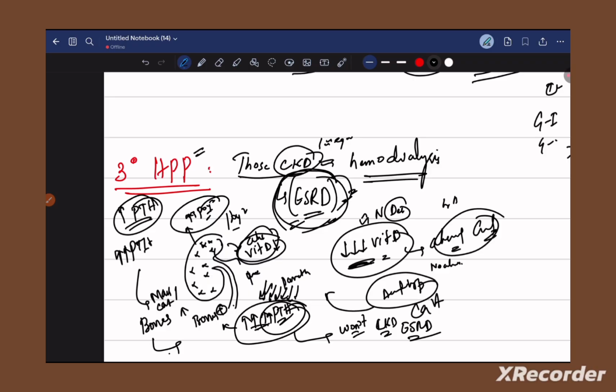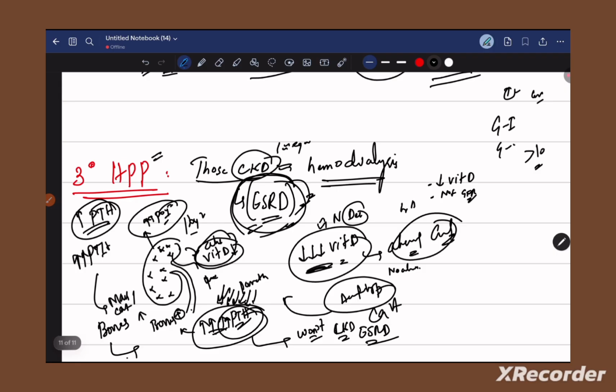Okay, hope you understood this tertiary hyperparathyroidism. And in tertiary hyperparathyroidism, what you have to remember, there will be decreased vitamin D. Okay, there will be not normal GFR, since this is an end stage renal disease. There will be increased phosphates.